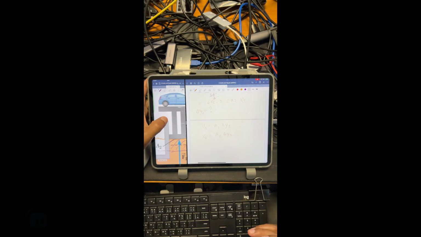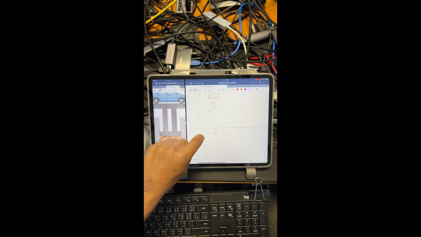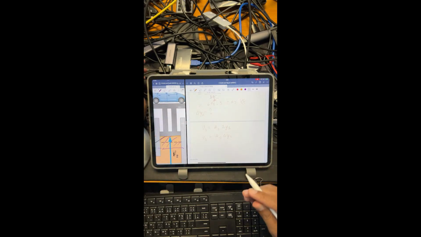And on the right side, you start from this level, and the piston just goes up, right? And delta y2 is what they request here, which is the 0.1 meter, right?